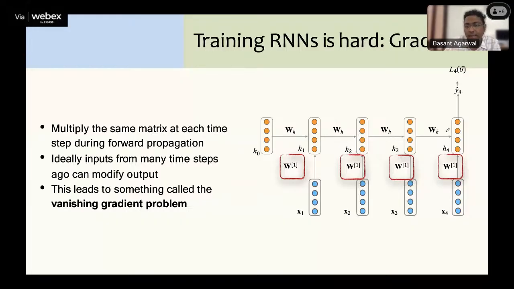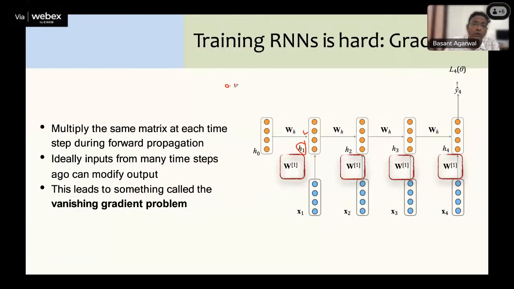So if you will see, when we backpropagate this, for example, let's say I want to find out the losses here. What will happen is it will multiply all the weight matrices n number of times, and that is very problematic in the recurrent neural network, because when you multiply a lot of matrices, you are multiplying small values n number of times.